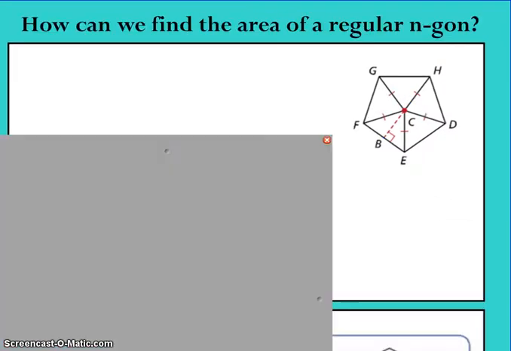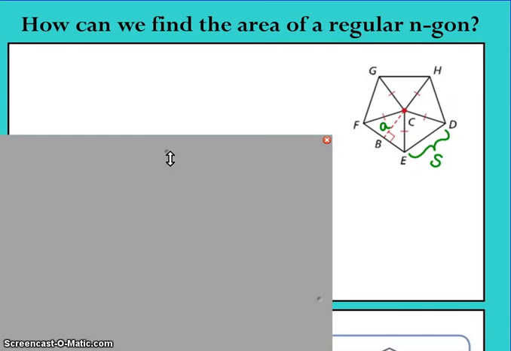Alright, so how are we going to use this information to find the area of this regular polygon? First thing you need to notice is that each one of these side lengths right here, we use the letter S to denote side. And this dashed line here that we called the apothem is used little a for apothem.